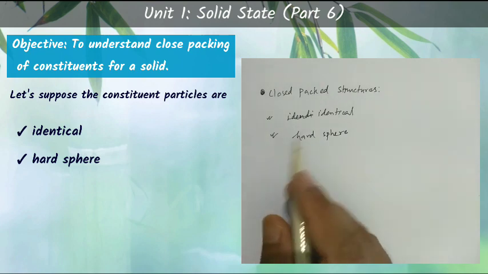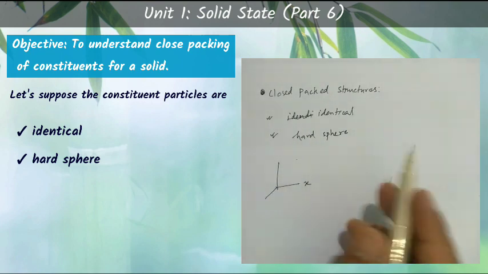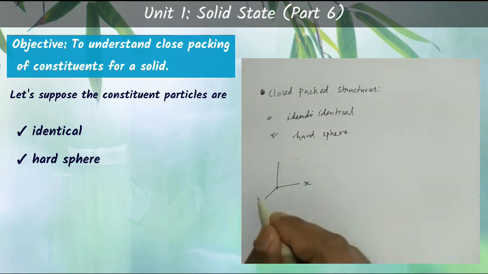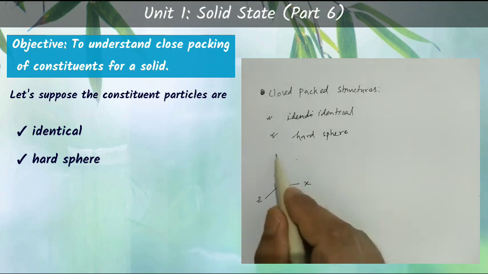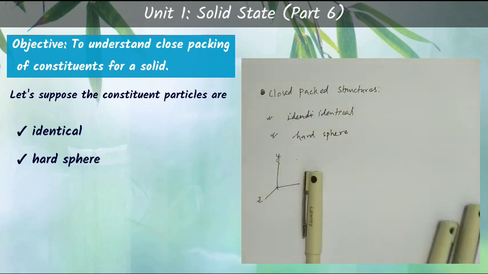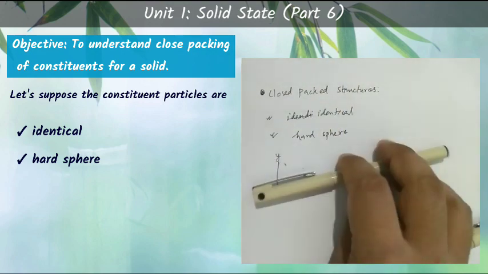So here you see, we know that we have 3 dimensions. In case of Cartesian coordinates, let's suppose this is x, this is z, this is y. That means it will be like this. If you consider one axis, let's suppose this is your x axis.